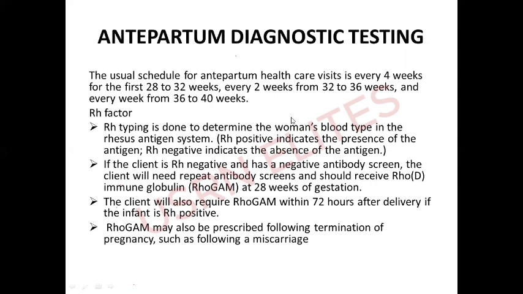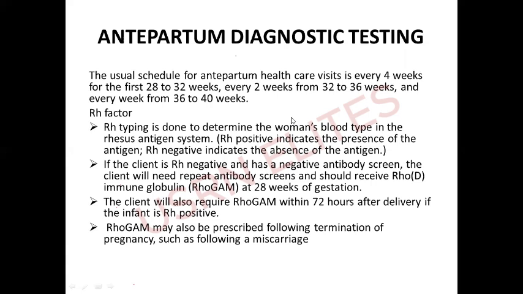Then when you deliver, between the first 72 hours, a repeated dose will have to be given if the test is done on the baby and the baby has a positive Rh factor.